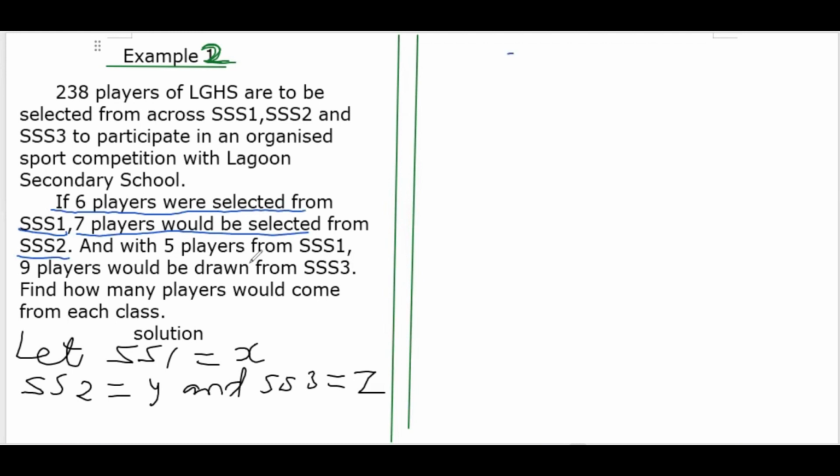The other time we say A ratio B, B ratio C, if you want B to be in the center, and in this case, our X is that B. So SS2 is represented by Y: Y ratio X equals 7 ratio 6.